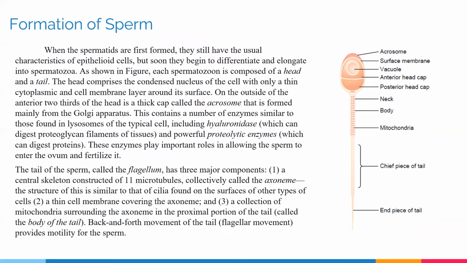On the outside of the anterior two-thirds of the head is a thick cap called the acrosome that is formed mainly from Golgi apparatus.